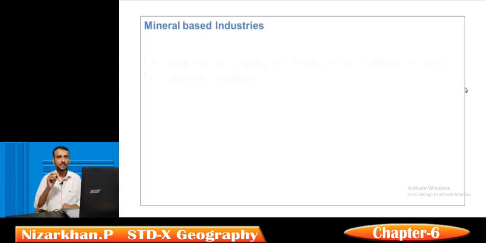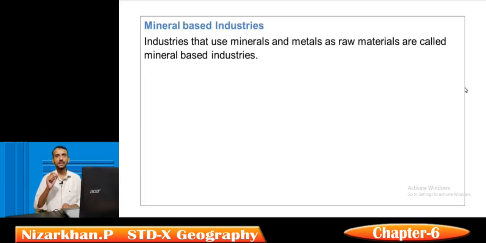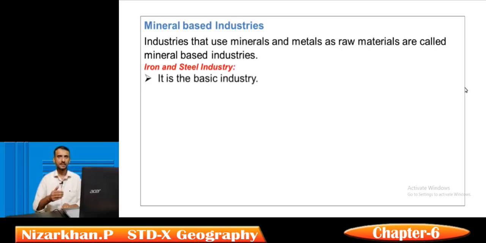Industries that use minerals and metals as raw materials are called mineral based industries. First example we can take is the iron and steel industry. It is the basic industry.